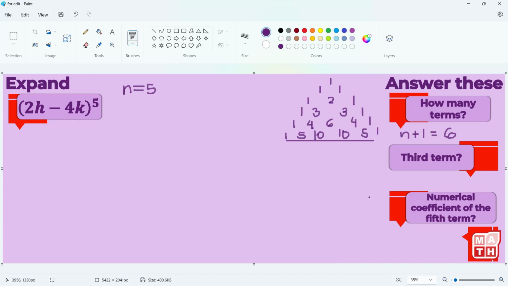But of course, we cannot automatically say that the fifth term has a numerical coefficient of 5. No, because look at our terms: the coefficients for h and k are no longer equal to 1. So we can structure our expansion in this manner. Hopefully we have a lot of space here. So we have 1, that's our first, and then plus 5.